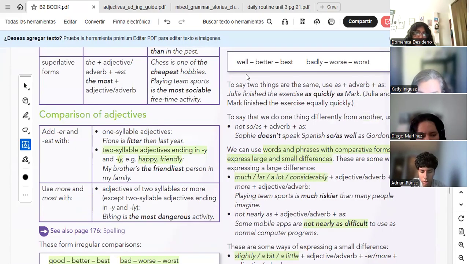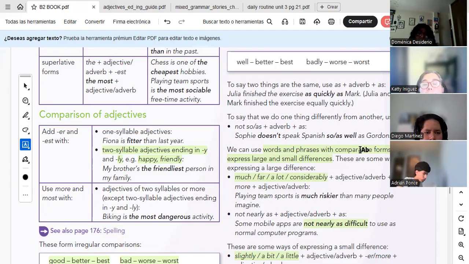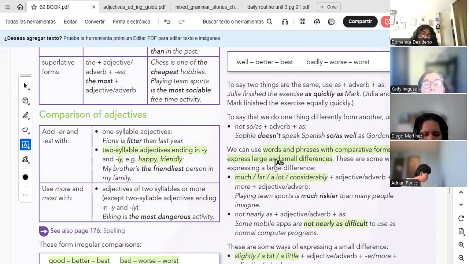What is the difference between these two? Okay, first of all, it says words and phrases with comparative form. So, words or phrases that with comparatives express a greater or lesser difference.